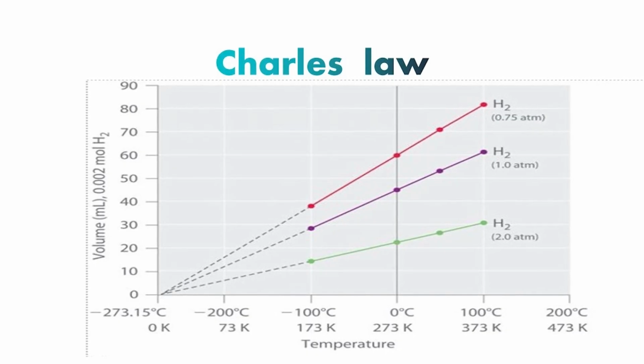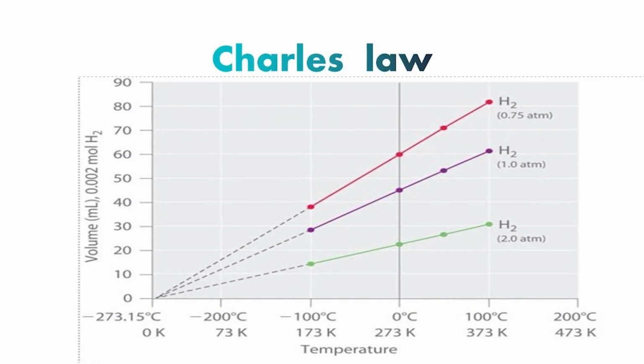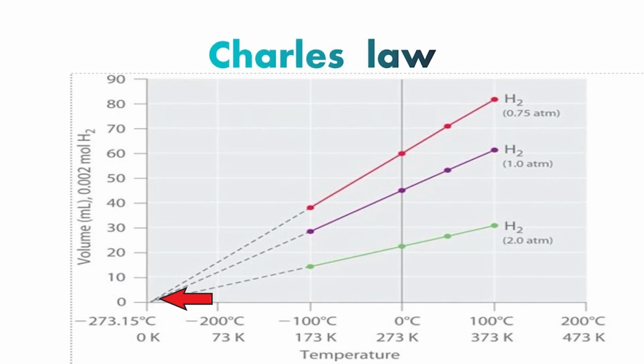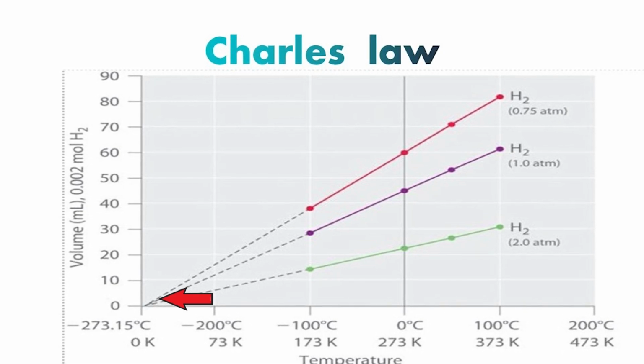Charles found that for all gases at any given pressure, the graph of volume versus temperature is a straight line, and on extending to zero volume, each line intercepts the temperature axis at minus 273.15 irrespective of the pressure cases. Slopes of the lines obtained at different pressure are different, but at zero volume all the lines meet the temperature axis at minus 273.15 degree Celsius.